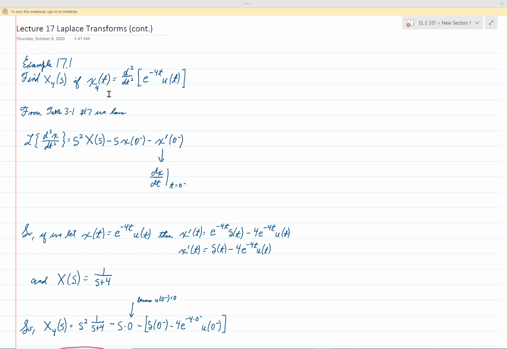Okay, well, entry number 7 in table 3-1 tells you about the Laplace transform of the second derivative. There's also a property in that table that tells you about the Laplace transform of the first derivative. And we will be using those entries substantially in the next chapter when we begin to talk about applications of the Laplace transform.